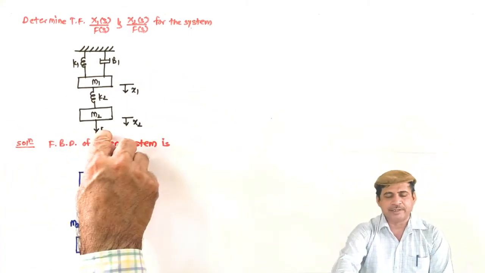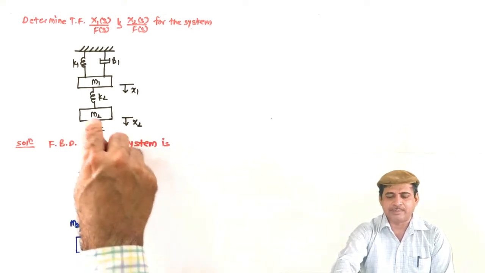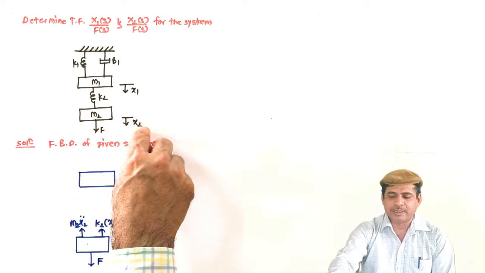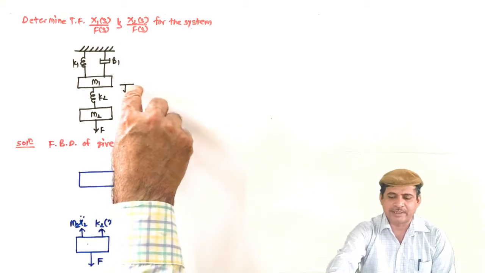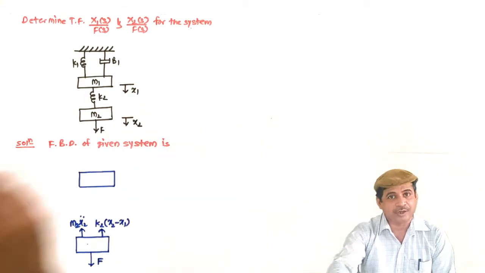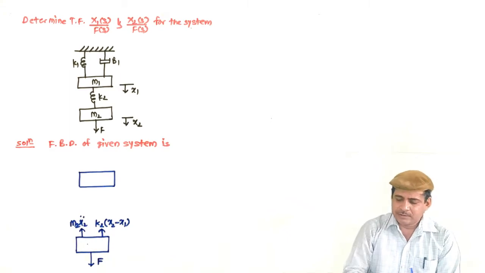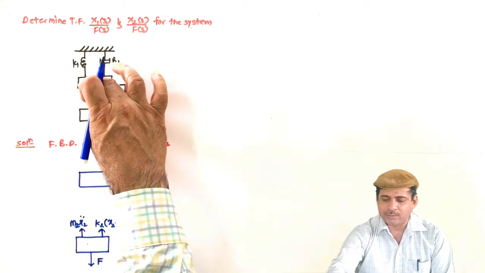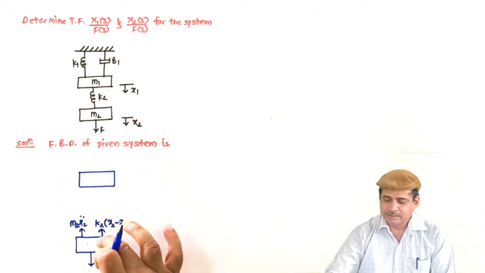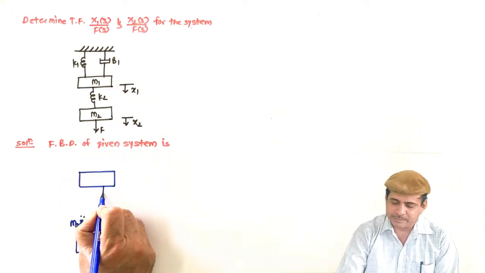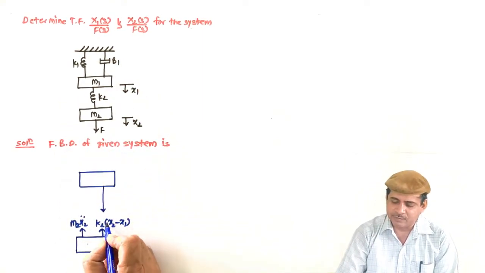As force is applied here, it is having direct impact on M2, so X2 will be larger as compared to X1, and hence X2 minus X1 and not X1 minus X2. Now, to have a counterbalance in the spring, there will be equal and opposite reaction in the spring with same magnitude.